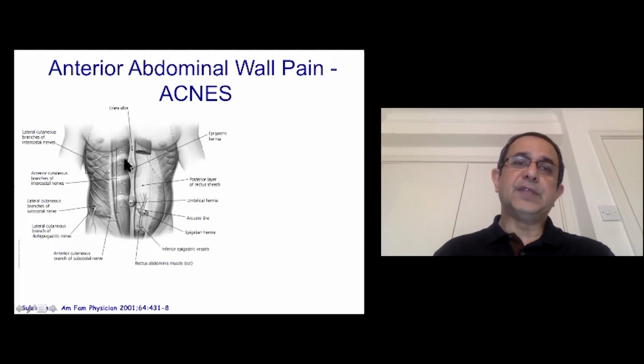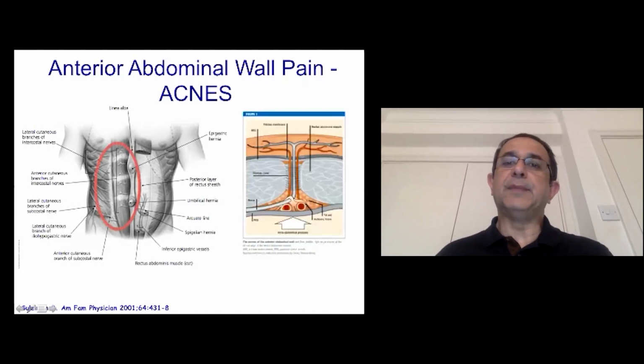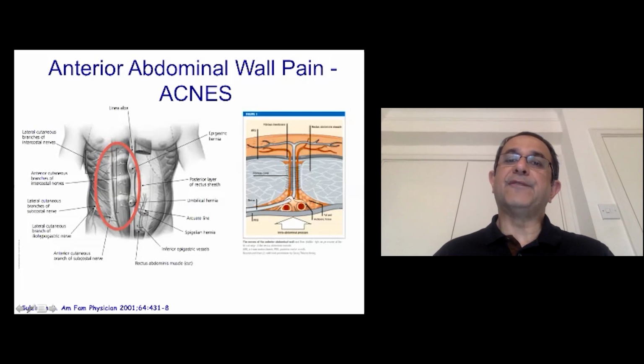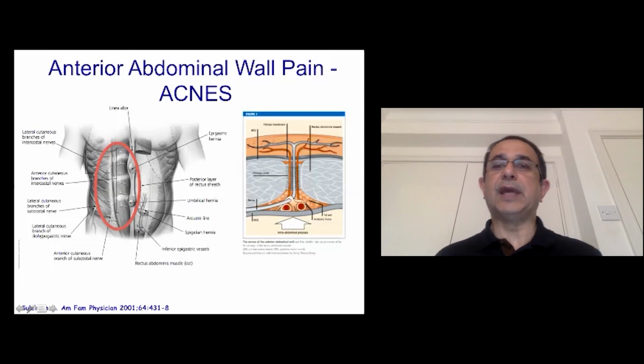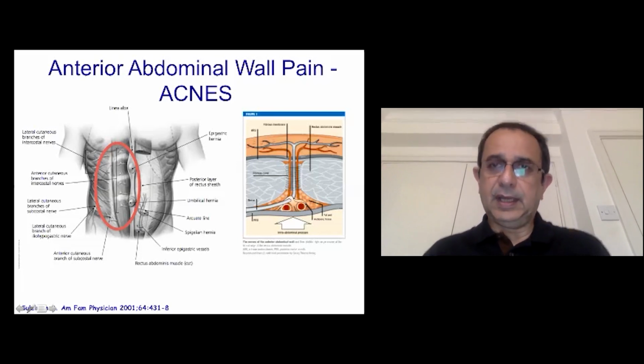Now, these nerves come through a canal in the muscle. So you see this white cord going through a little bit of anchoring tissue here, and then through a canal in the muscle. It's a fibrous canal, and in this canal there is an artery as well. Then it goes through the muscle and turns at a right angle and supplies the upper layer of the muscle and the overlying skin.